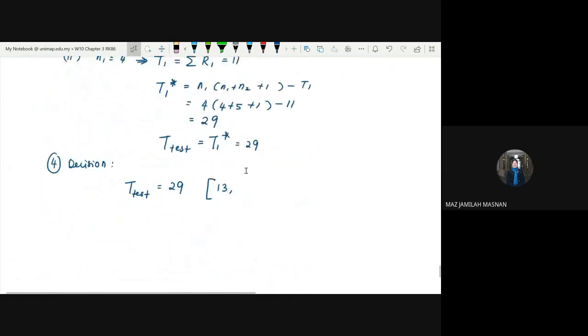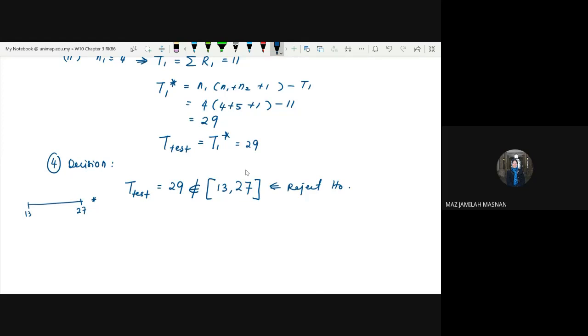Just now, 13, 27. So it seems that it is not inside the range because you have 13 until 27. But your T test is outside. So in this case, reject the null hypothesis.